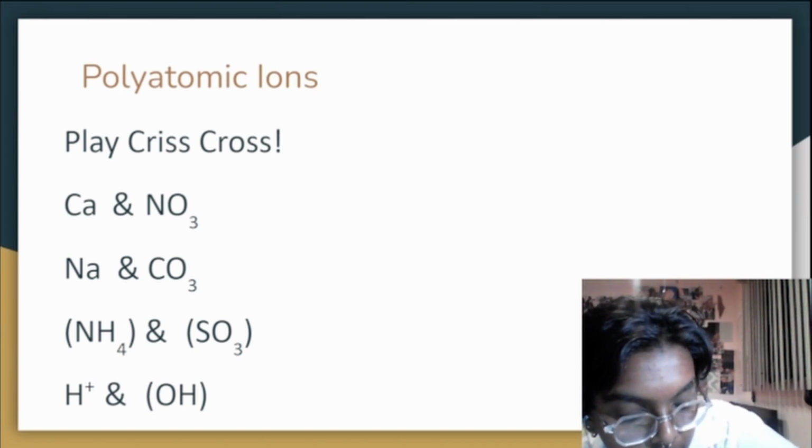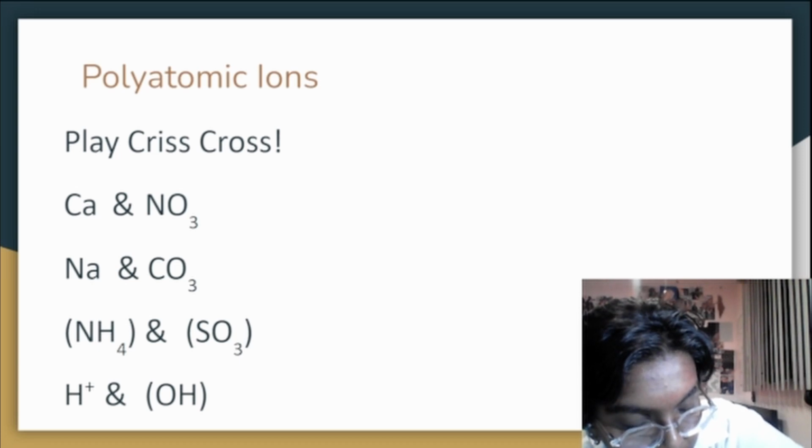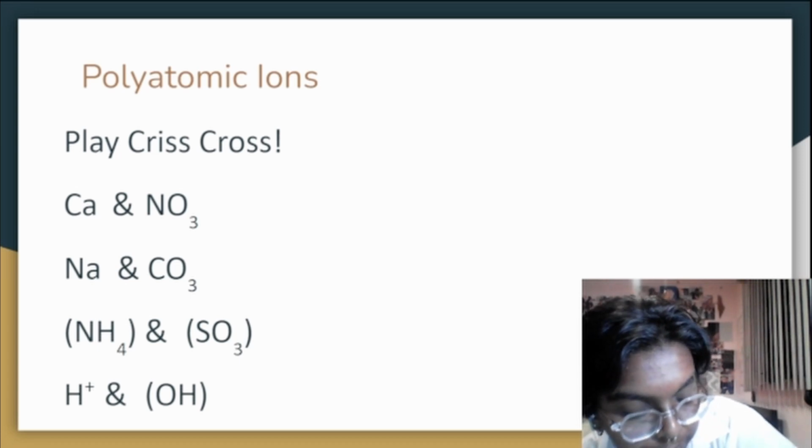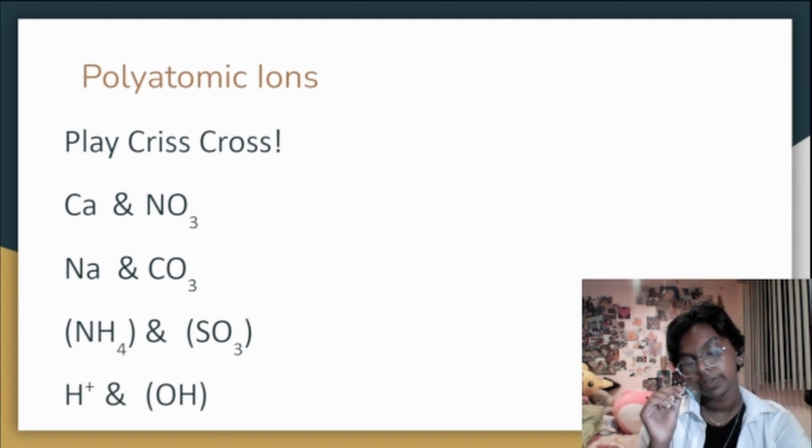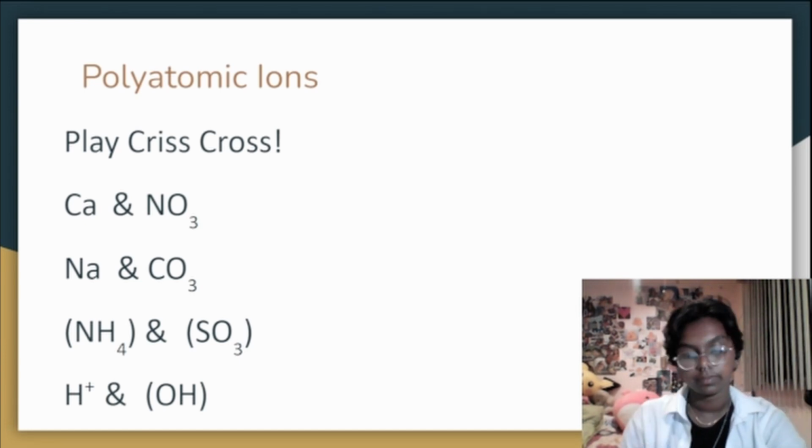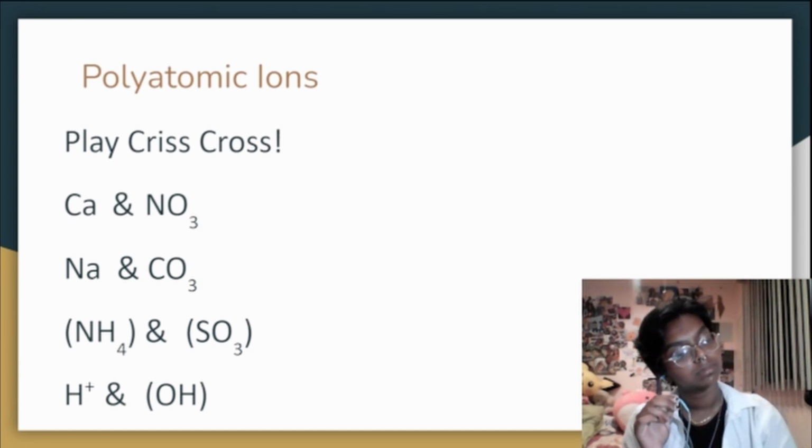So you would crisscross. The 1 goes to the Ca, the 2 goes to the NO3. So you have Ca(NO3)2. Okay, do the rest. I'll give you 4 minutes.